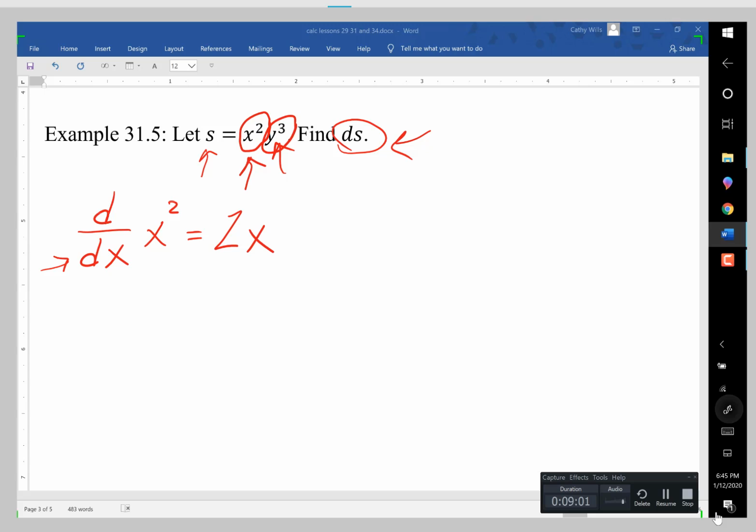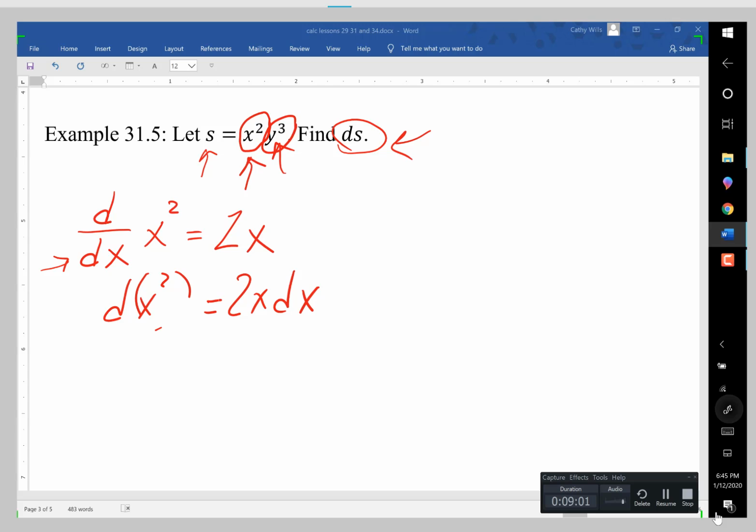So the change in the function, that's in the numerator, the change in x squared, and the kinds of things you put in, the horizontal axis changes, are on the bottom, dx, okay? And that equals 2x. So the differential of that function, if you multiply both sides by dx, is 2x dx. So that's the differential of this first function, x squared.